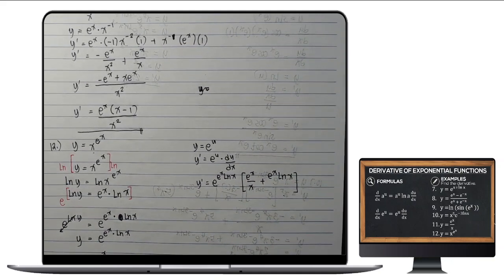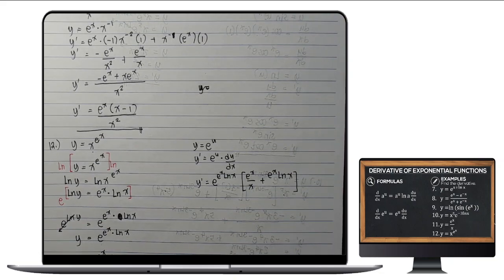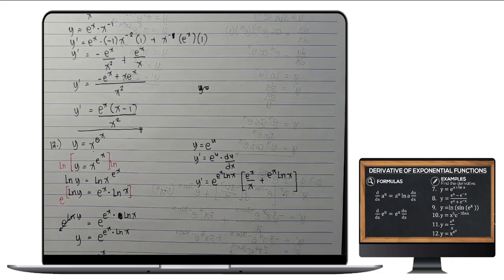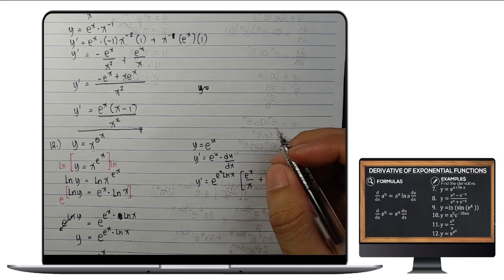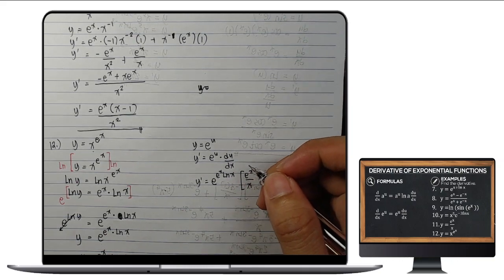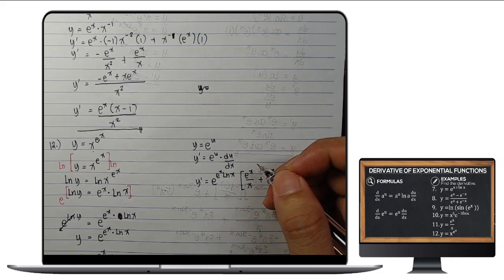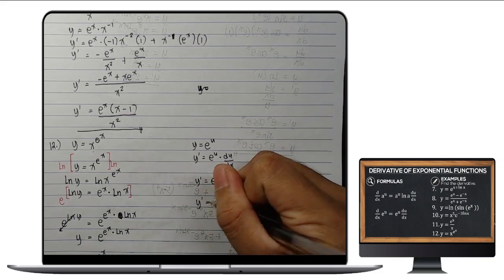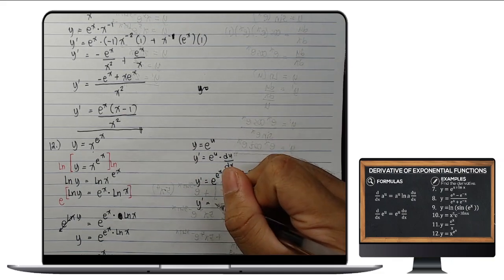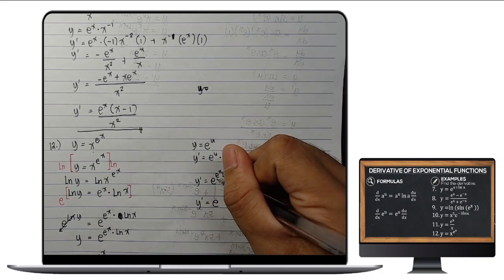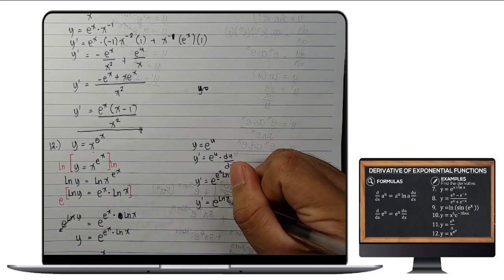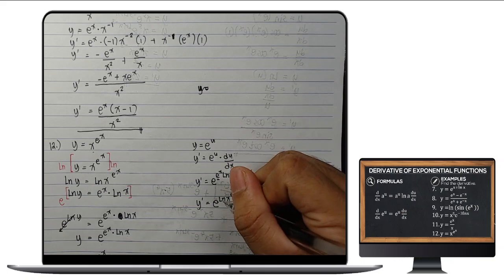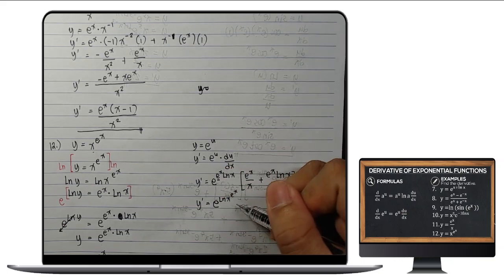So let's just simplify this. Okay? So when we simplify this one, applying property of logarithm, I will raise this, so I will make it ln of x raised to e raised to x. So applying property of logarithm, ito itataas ko lang doon.